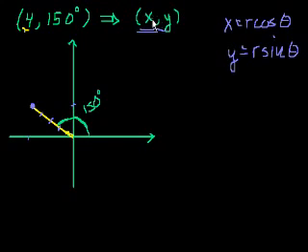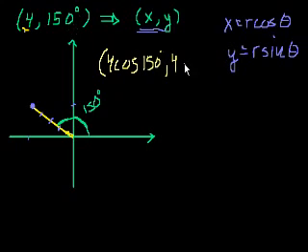So x is r cosine theta. r is 4, so it's 4 cosine of 150 degrees. And y is 4 times sine of 150 degrees. Now we can get the calculator out.